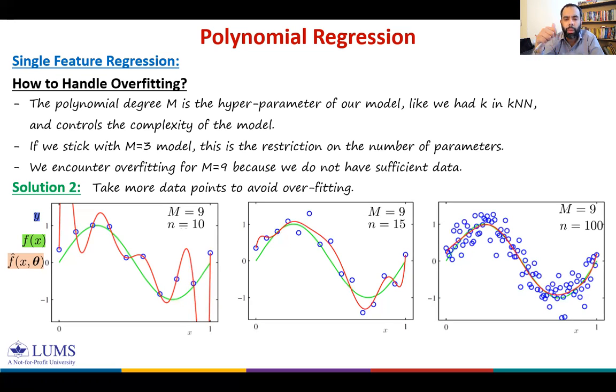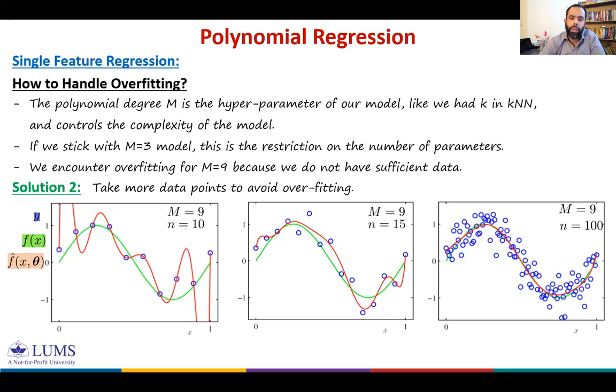We have talked about two solutions for overfitting, and these are linked. The first one: you split data into training and validation. And second, you take more points. But in practice, getting more data is expensive. What else can we do to avoid overfitting?